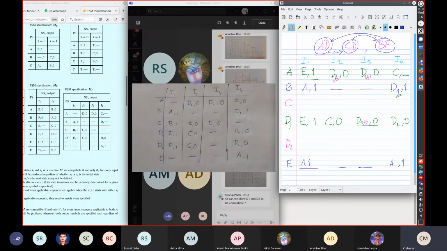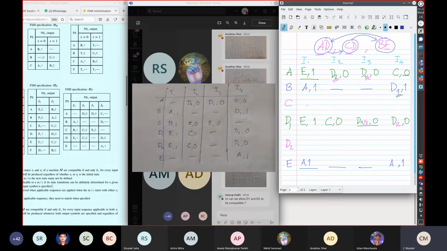Because here C and D must be compatible, so we want to merge C with D2. So this one should be D2, right? This one should be D2. And here I can choose the output as 0, so that these two remain compatible. All right.